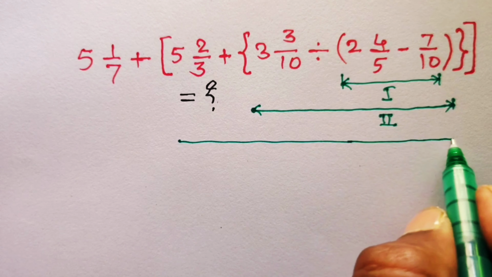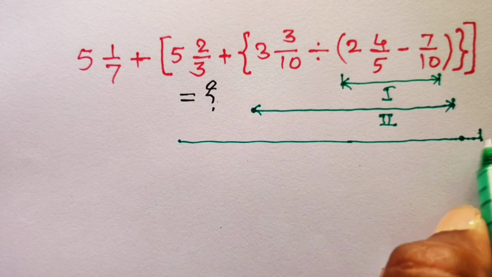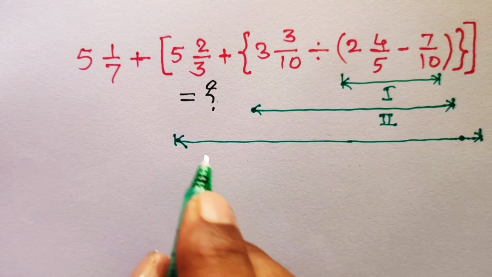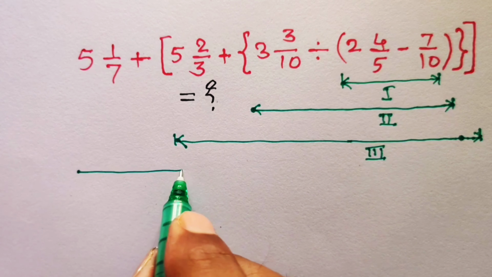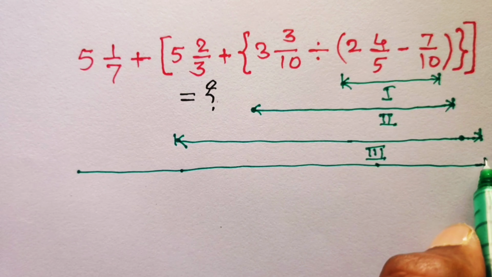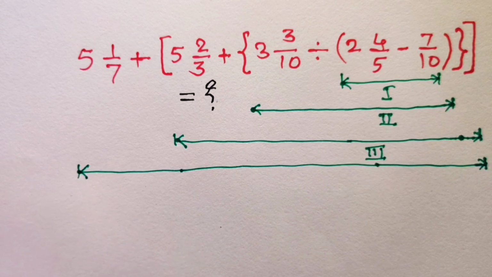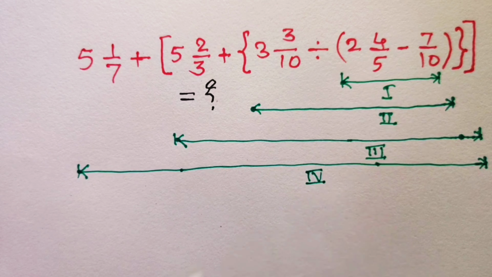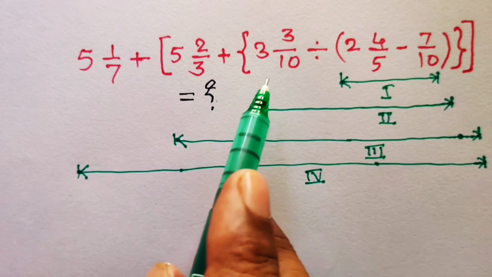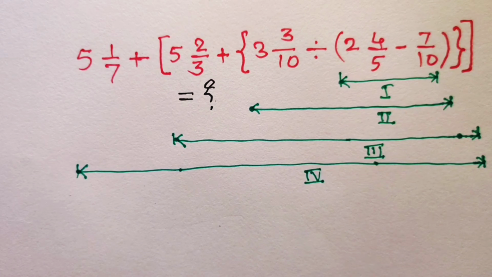Then this bracket, consider this as step number 3, and the whole expression, its value, consider this as step number 4. In this way, we can find the value of this expression in 4 steps.